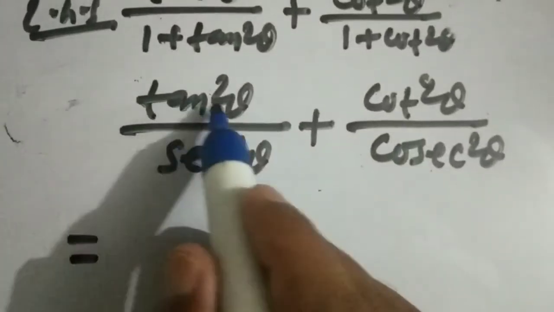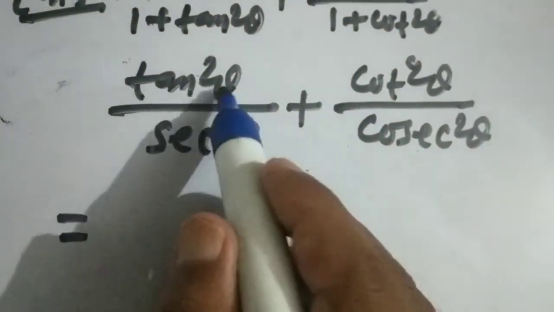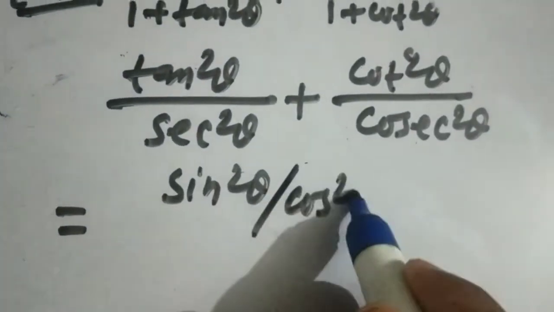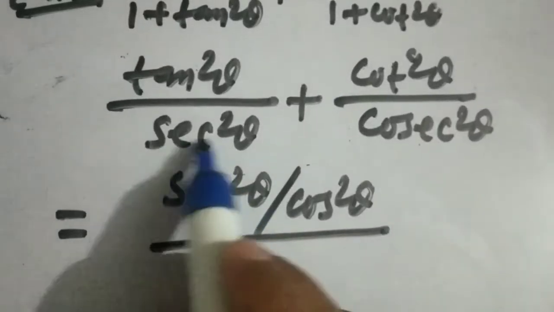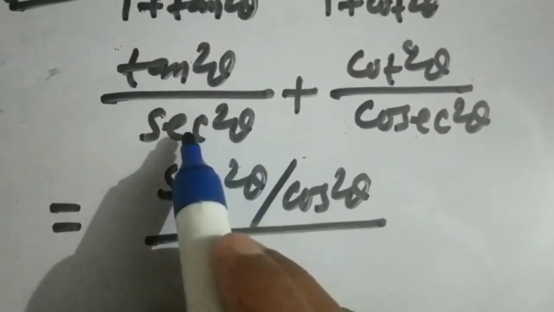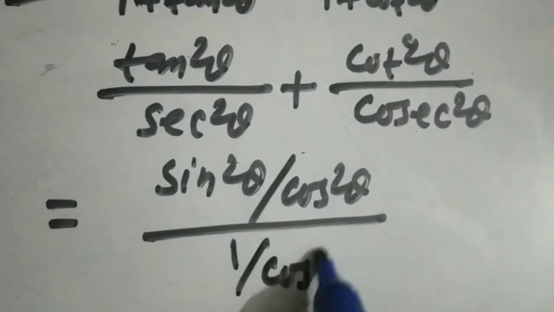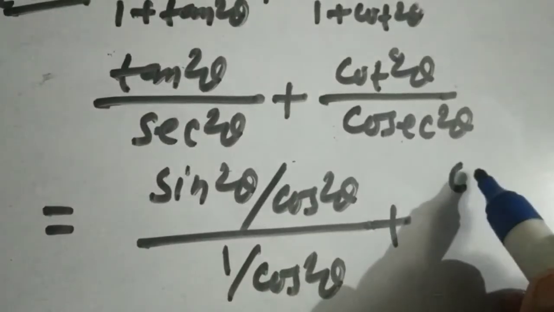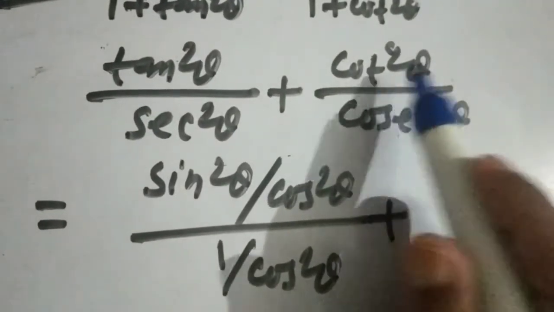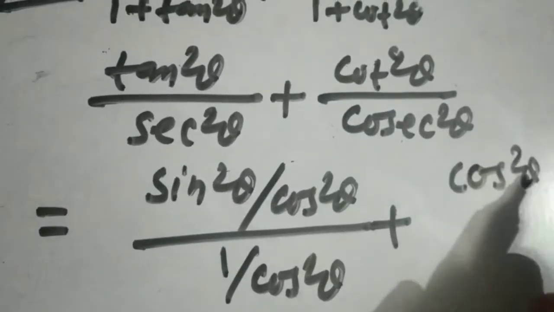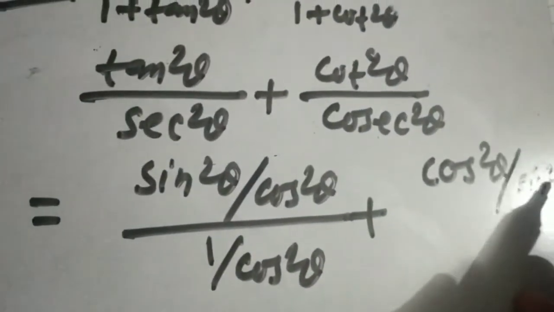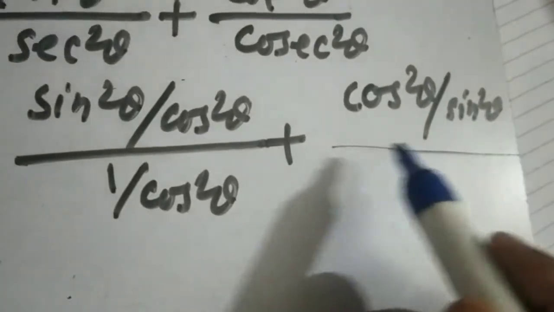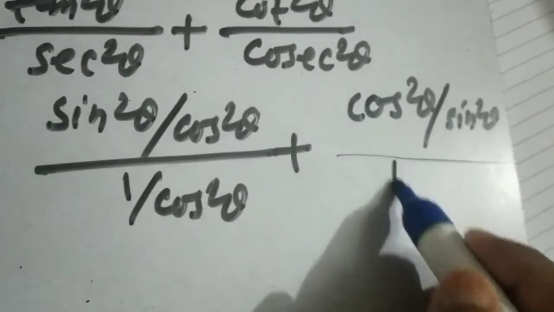Now tan theta is equal to sine upon cos. So tan square theta will be equal to sine square theta upon cos square theta, upon sec square theta. Sec theta is equal to 1 upon cos. So sec square will be equal to 1 upon cos square theta, and plus cot theta is equal to cos theta by sin theta. So cot square theta will be equal to cos square theta upon sin square theta, upon cosec theta is equal to 1 upon sin theta.